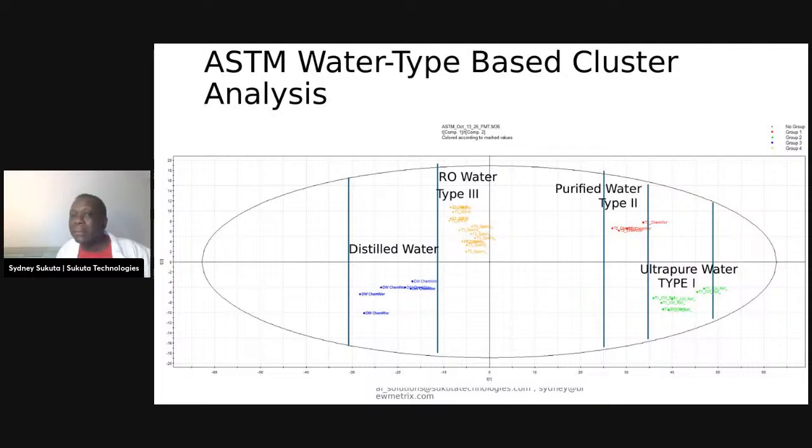Sometimes if water is of the same type but there are intra-group differences, they may splatter down this way. But two distinct groups should not occupy the same longitudinal modes. So those are the kind of things we check for to make sure there are distinctions between these waters.